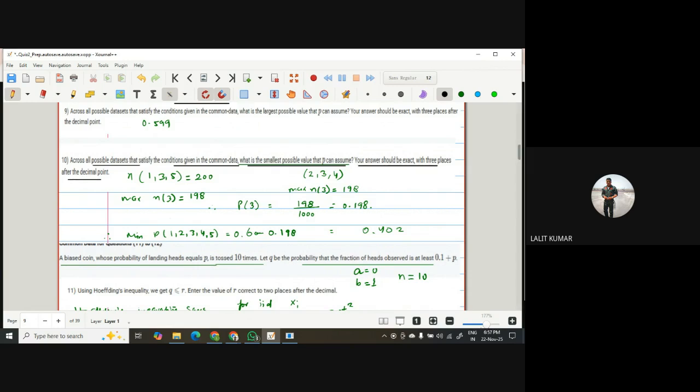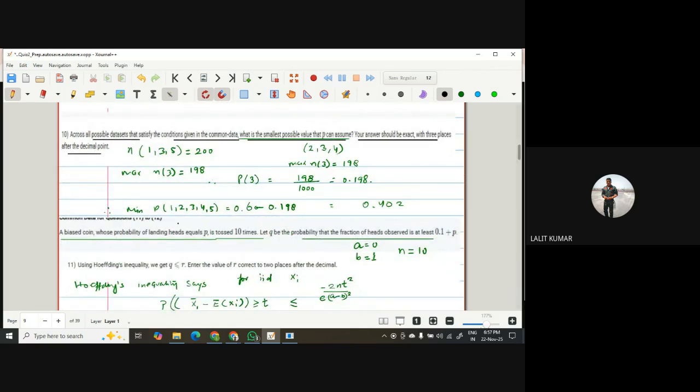So see, for 1, 3, 5 we have got 200 points. The maximum number of class 3 can be 198 only, because 1 and 5 can have minimum only one data point. Similarly, in 2, 3, 4, maximum data points for 3 can be 198 here.